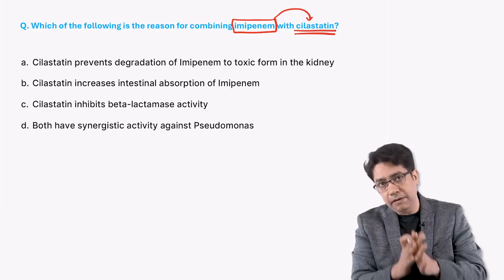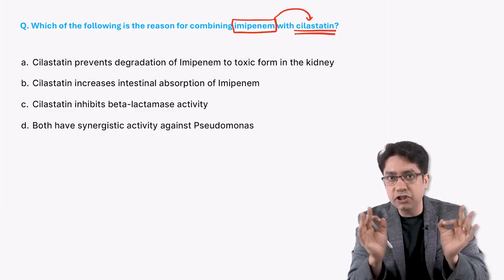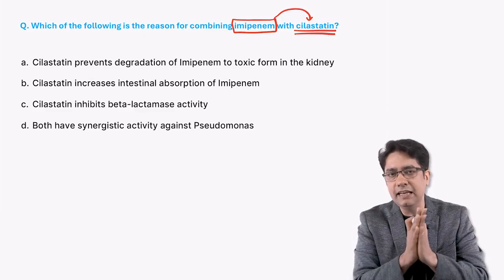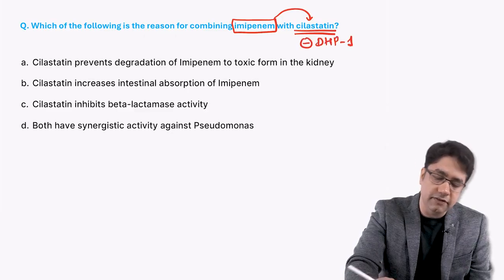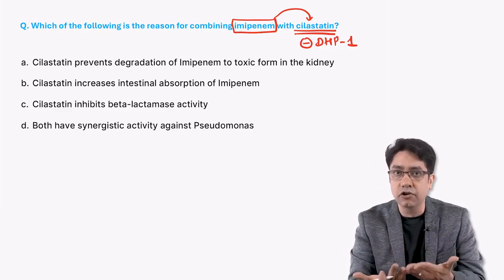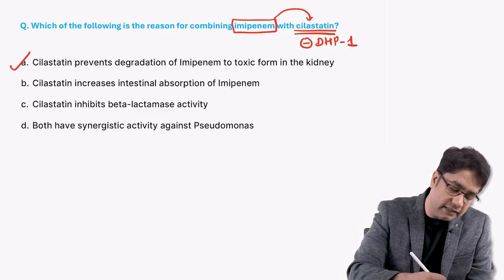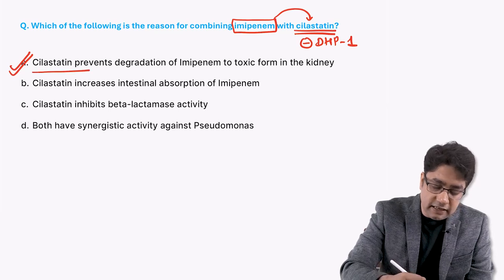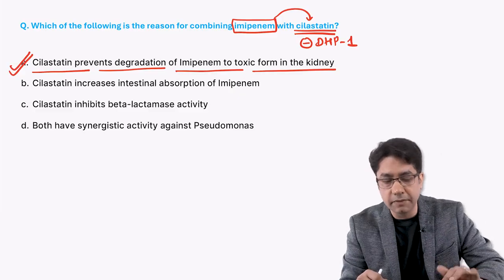We discussed that imipenem gets converted into a toxic form in the kidney by the DHP enzyme. Cilastatin inhibits the DHP1 enzyme, dihydropeptidase 1 enzyme. It inhibits the degradation of imipenem into a toxic form in the kidney. So can you tell me what is the correct answer? Yes, A is the correct answer. Cilastatin prevents degradation of imipenem into a toxic form in the kidney.